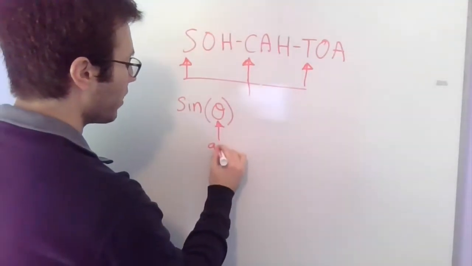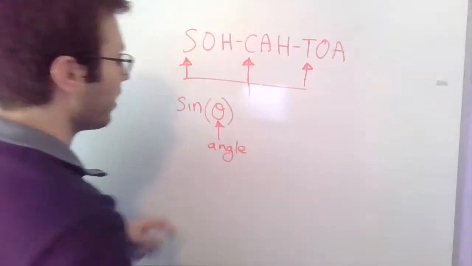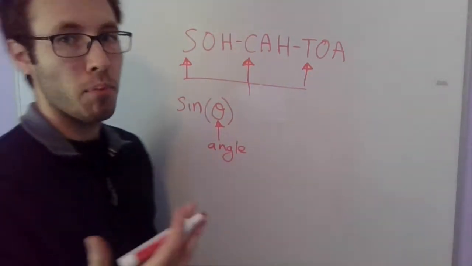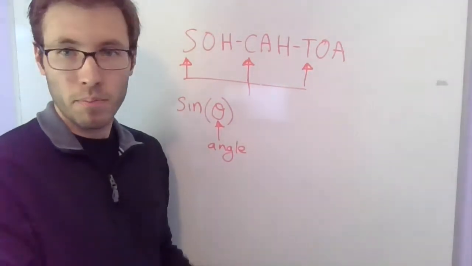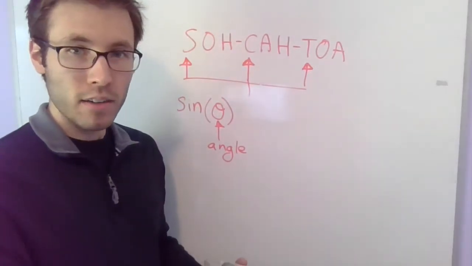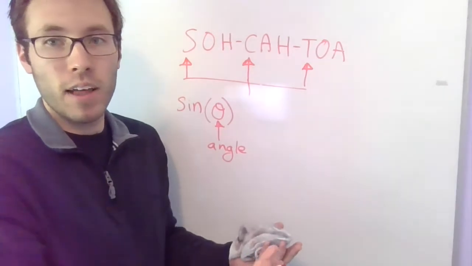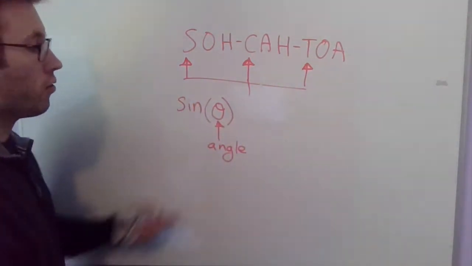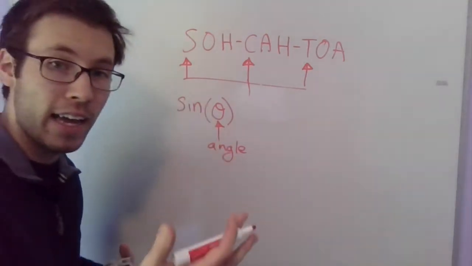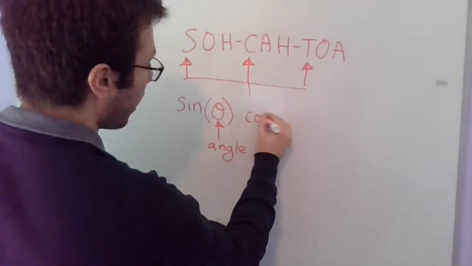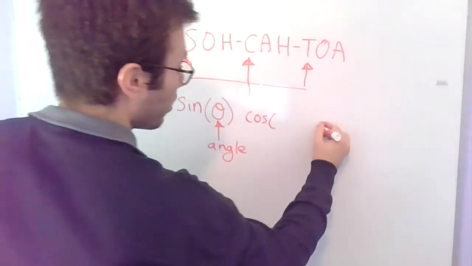The reason we're using this fancy looking symbol is because by convention, points are capital letters and sides are lowercase letters. Then we're running out of letters, so we go into the Greek world. So this is what we typically use for the measure of an angle. So this would be sine of theta, this would be cosine, and this would be tangent.